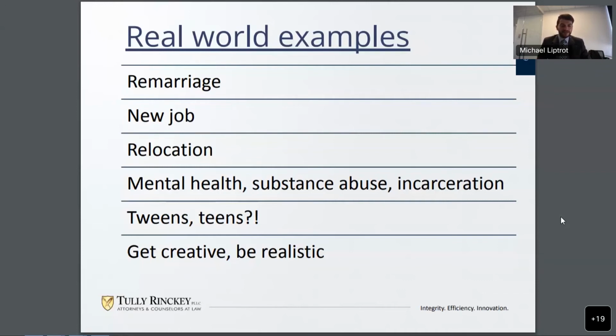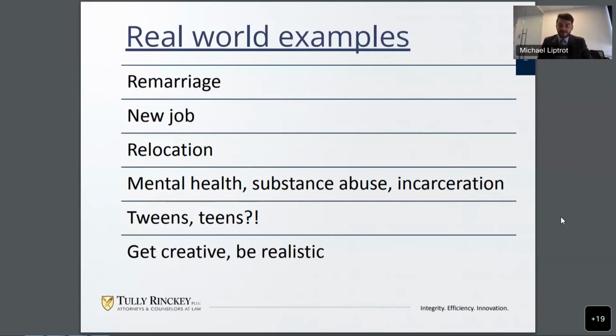It might not be fun to deal with the other parent. There were circumstances leading to the demise of your relationship, right? So you didn't get along, and you might continue to not get along, but unless there's a real need to modify the custodial arrangement, the courts are reluctant, I would say, to do so.